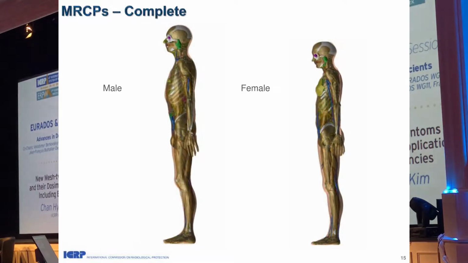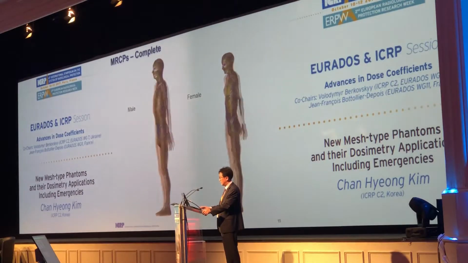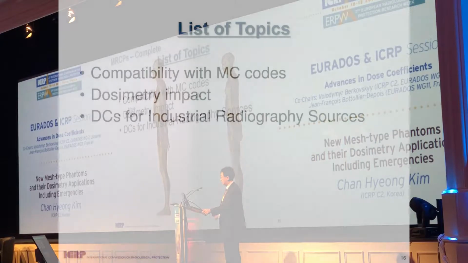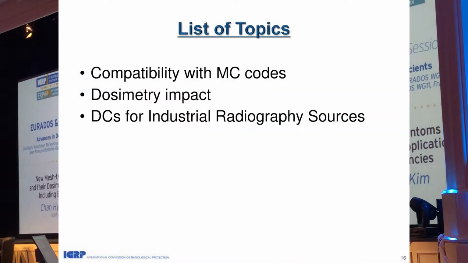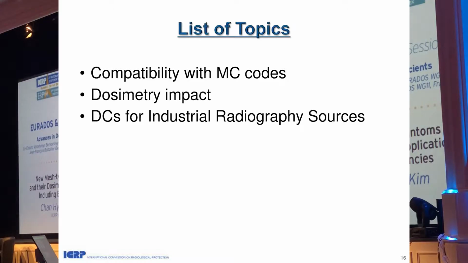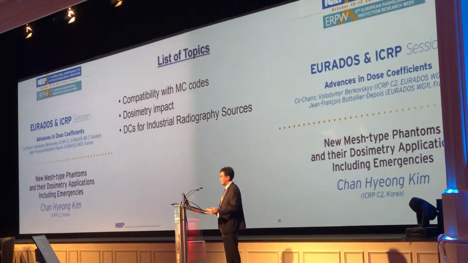Again, these are the MRCPs, and again, these are replicas of the current ICRP reference phantoms, and provide very similar dose coefficient values. So we have developed the mesh type reference computational phantoms, and now I'll talk about some more topics.